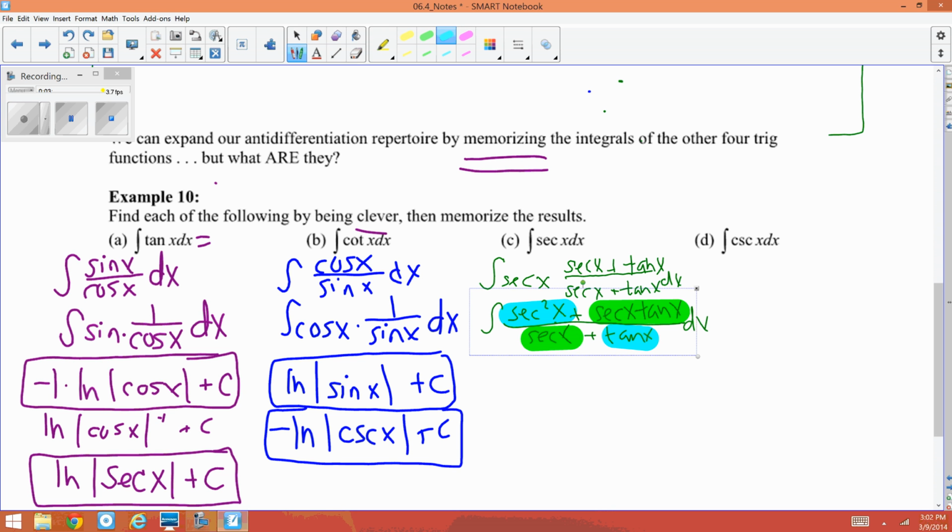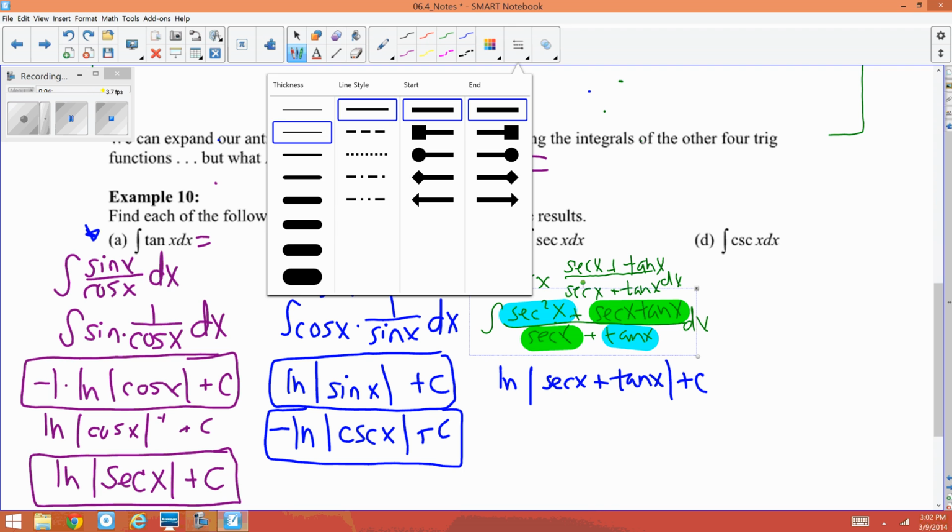So now we have that derivative on the top, okay, and then it would look just like the problems we did before, where our function was in 1 over our function times the derivative. So this is going to be ln of secant x plus tangent of x, plus c.